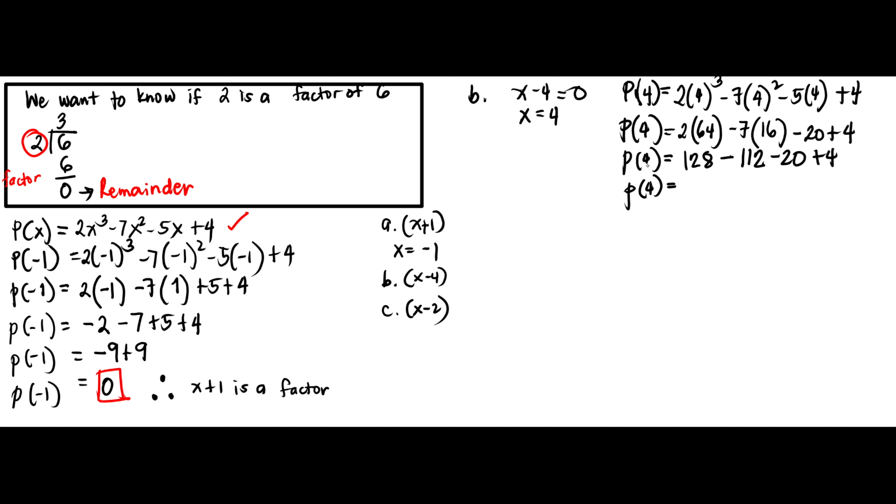Medyo pangit yung sulat ko. So, 128, may pera kang 128. Bawasan mo ng 112, may 16 ka pa. May utang ka pang 20. So, ano na lang tira sa'yo? Meron ka pang utang na 4 ulit. May pera ka ulit na 4.